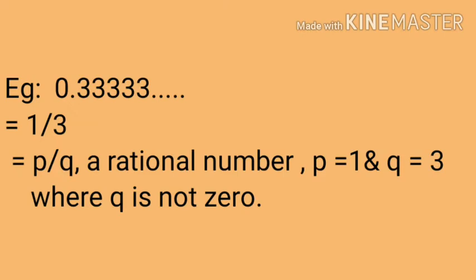Here p is 1 and q is 3. Therefore, 0.3333... is 1 upon 3, which is in the form of p by q. Now, it is a rational number. This is how we converted a non-terminating and repeating decimal in the form of p by q, a rational number. Okay?